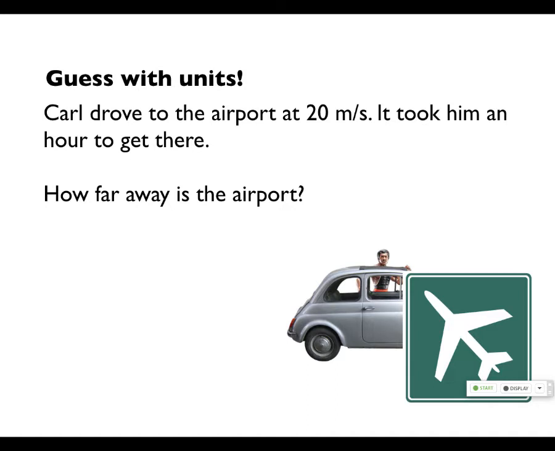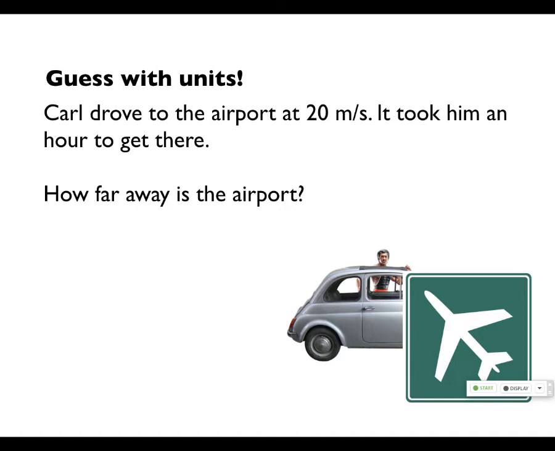Now, how do you get there? Well, there's 3,600 seconds in an hour, and you just multiply by 20. That's a good way to get there. Now, what we're looking for, for instance, does it say anywhere you need your answer to be in meters or kilometers? This is what I mean by implied information.